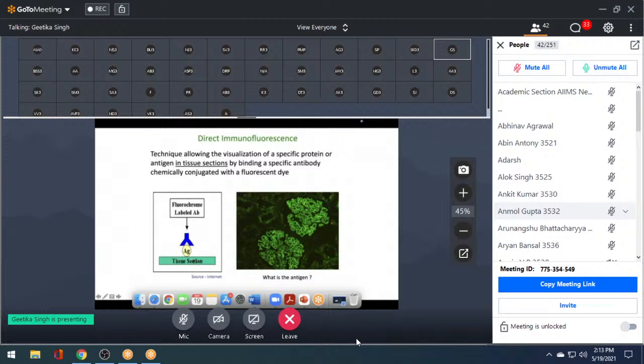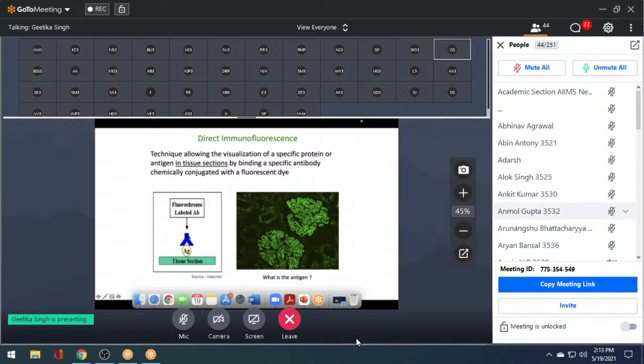This is my tissue section, which in the case of what we are talking about would be a kidney biopsy. In this kidney biopsy, embedded is the antigen of interest, what I want to detect. And it's actually an immune complex. There'd be an antigen and an antibody which is depositing here in an immune complex mediated disease. And this is what I want to detect.